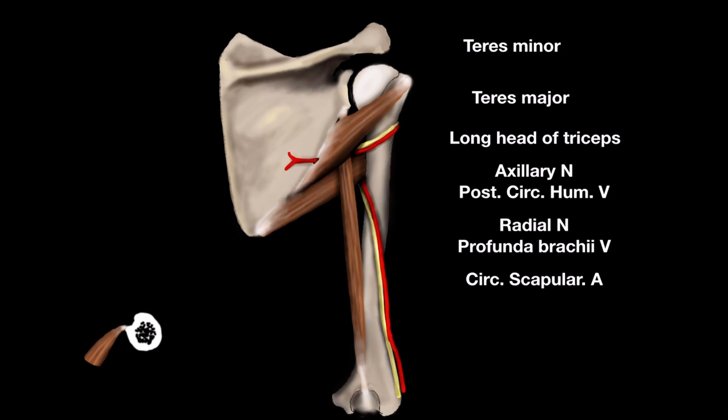It gives off another anastomotic branch which comes through the upper triangular space. So the content of upper triangular space is anastomotic branch of circumflex scapular artery. Okay, so these are the contents of these spaces, and let us see the clinical importance.